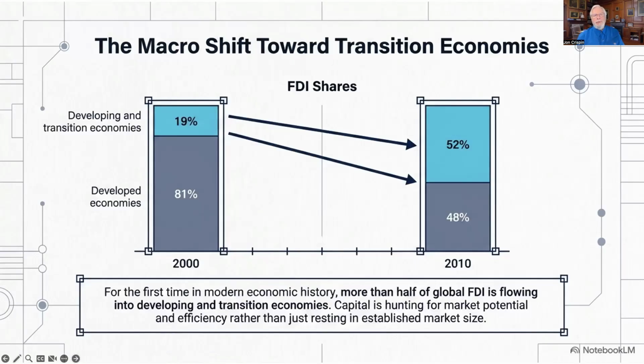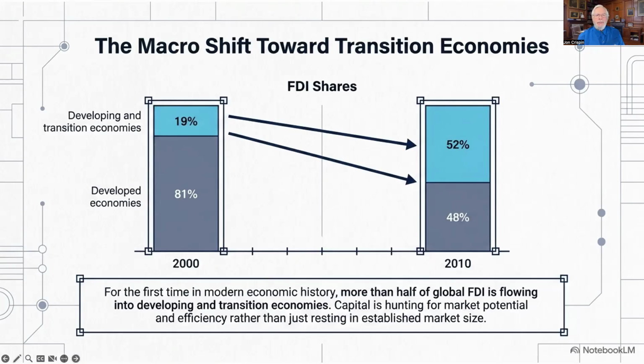And here's really something interesting where we're making a big shift in foreign direct investment into emerging economies. We've gone up to 52%, and that figure is rising. This is 2010. I'm sure it's higher now.